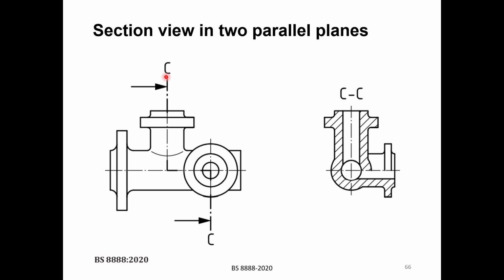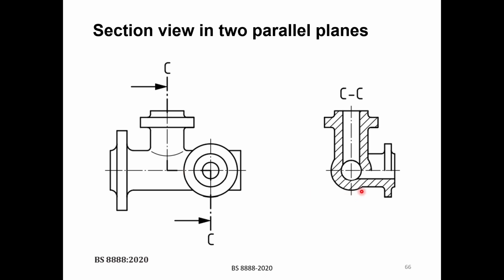Then the first plane shows you the internal details of this vertical part, and the second plane shows you the internal detail of this part. Why did we have to use two parallel planes here? Because if you use a single plane, you're going to cut across like this, and then you won't be able to see the details of this part.